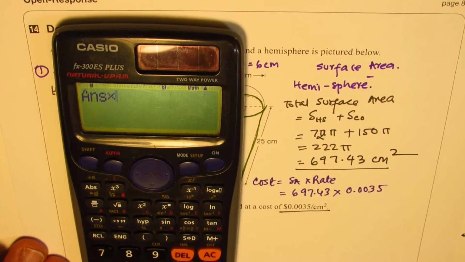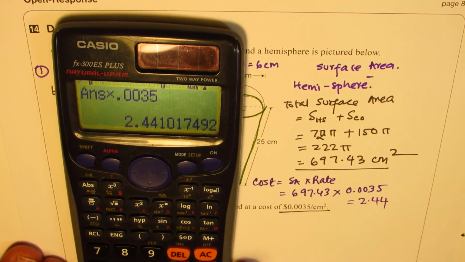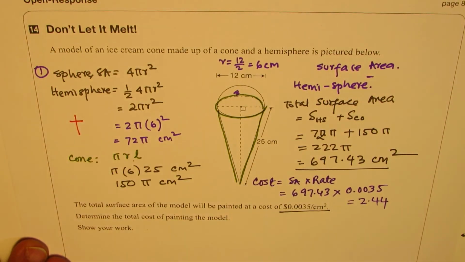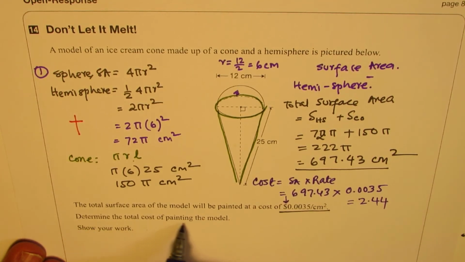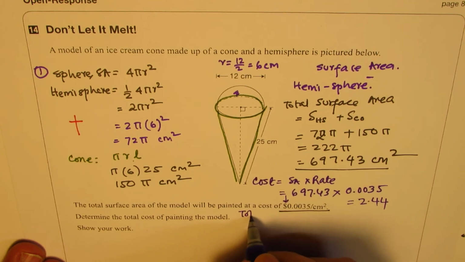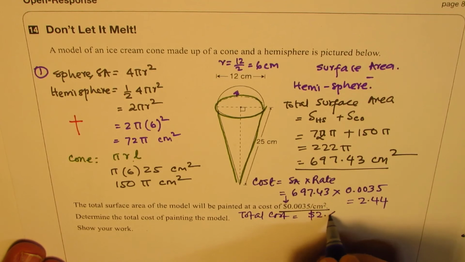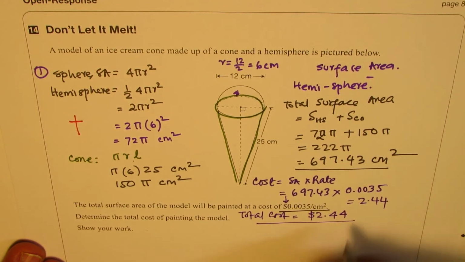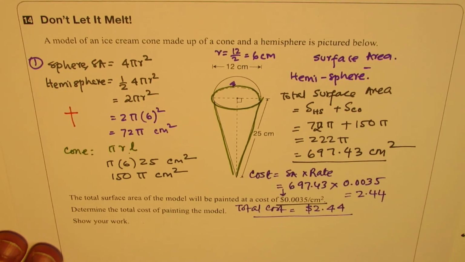We'll multiply this by 0.0035, correct? And write down our answer, which comes to 2.44, correct? So that is the cost. And the cost is in dollars, right? So mention dollars here. So determine the total cost of painting the model. So we have total cost as equals to, in dollars, $2.44. Is that clear? So that is how you're going to answer this question.